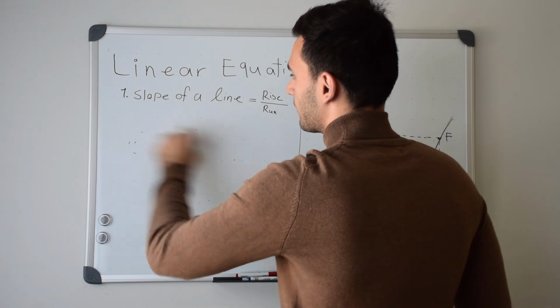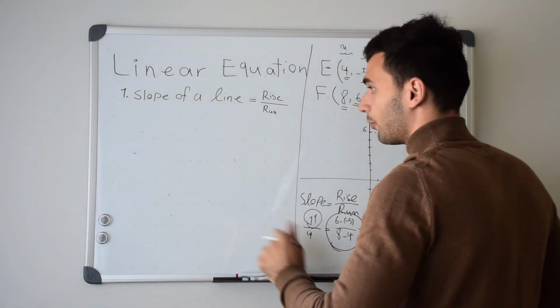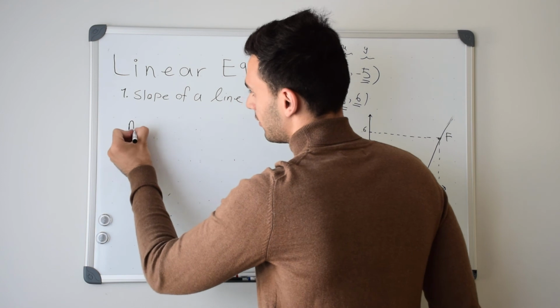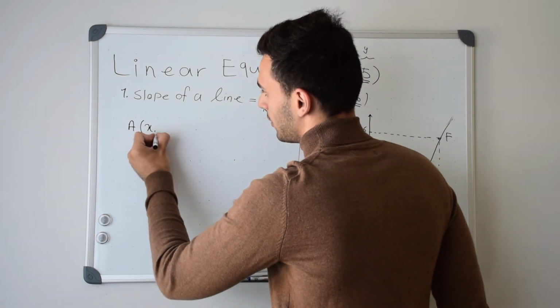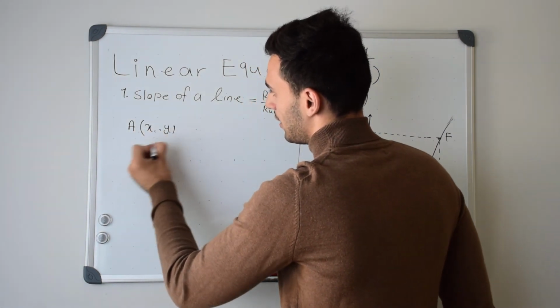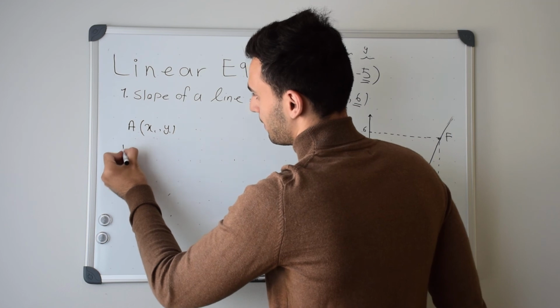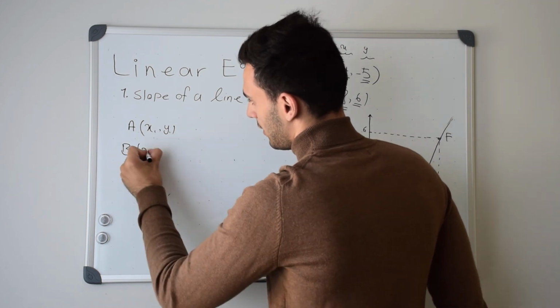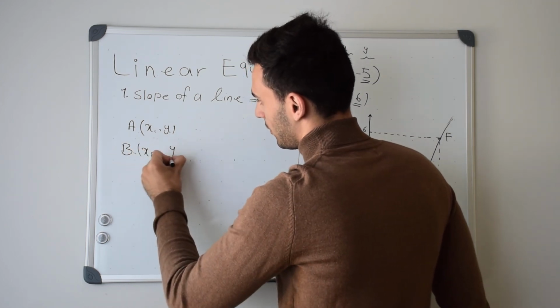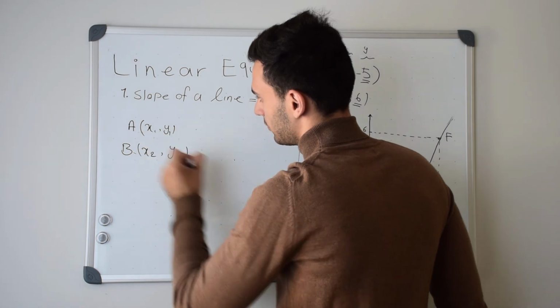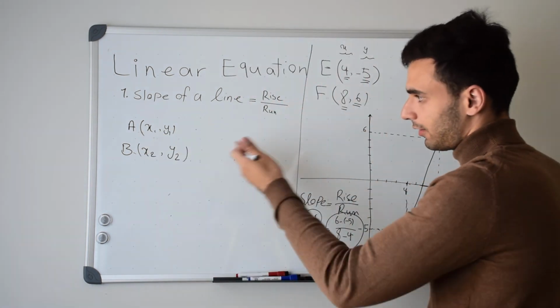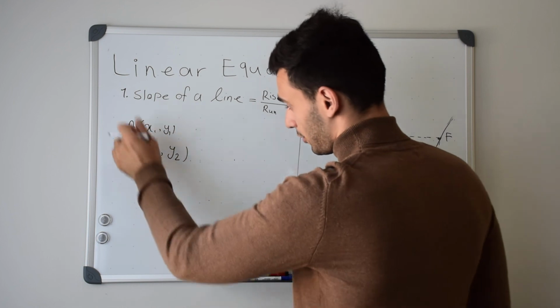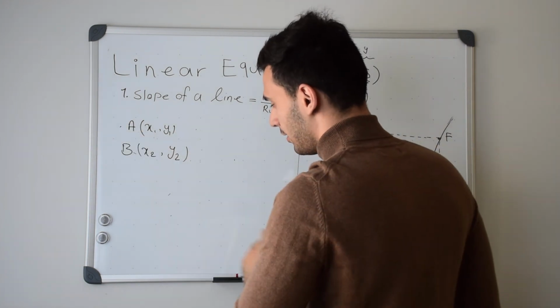Here. So we have point number 1, point A, basically, x1, y1, and then we have point B, x2, y2. Now how can we find the slope of the line that passes through A and B?